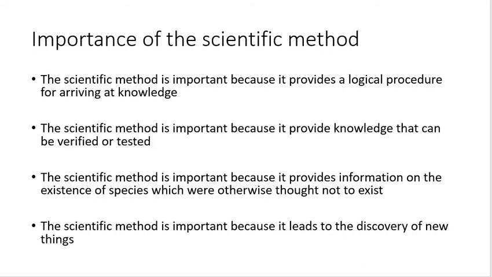Because of the scientific method, researchers are able to find specimens which we thought may not exist. The scientific method is also important because it leads to the discovery of new things.